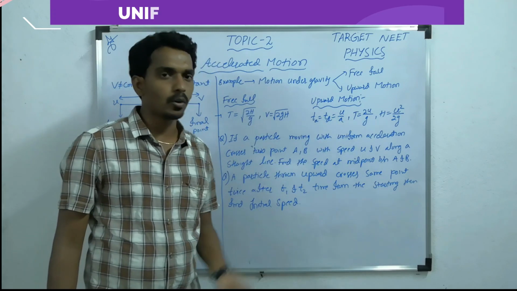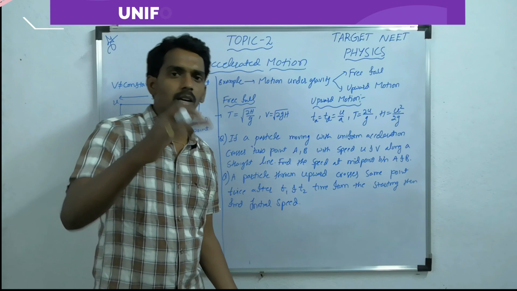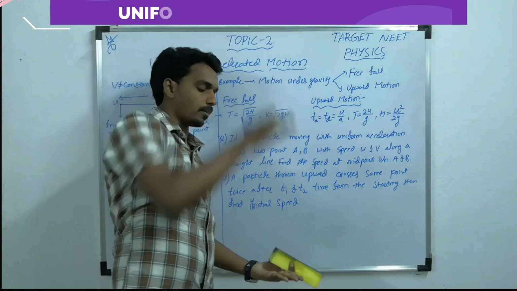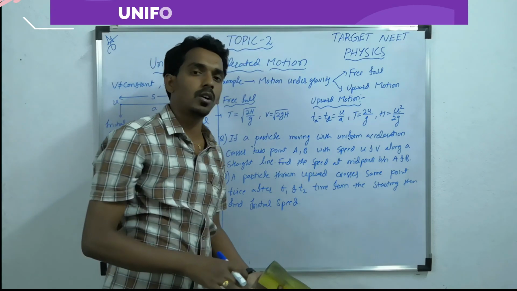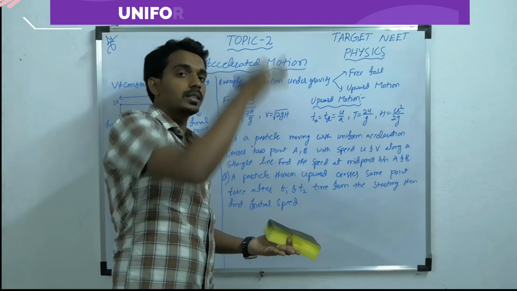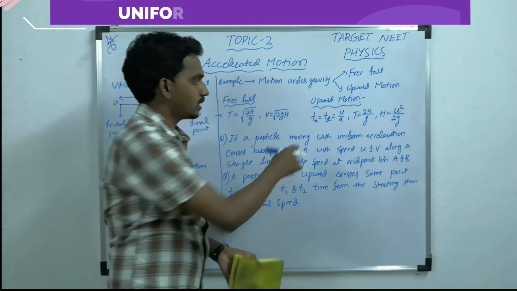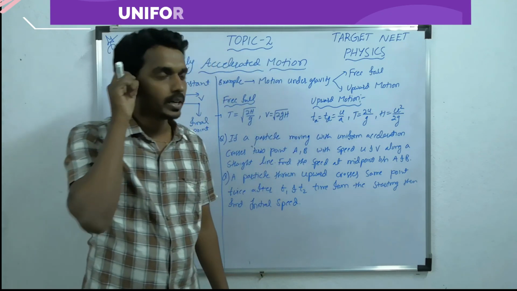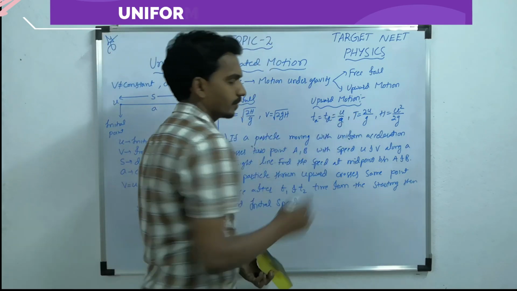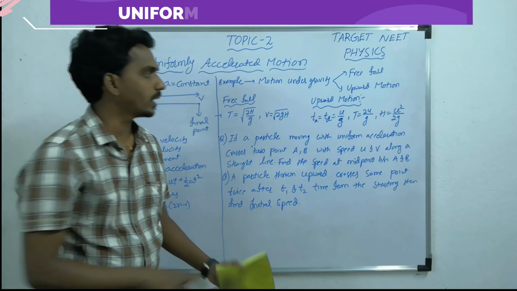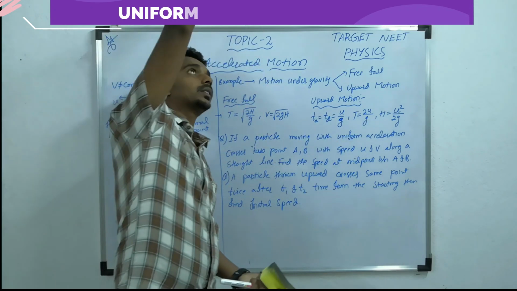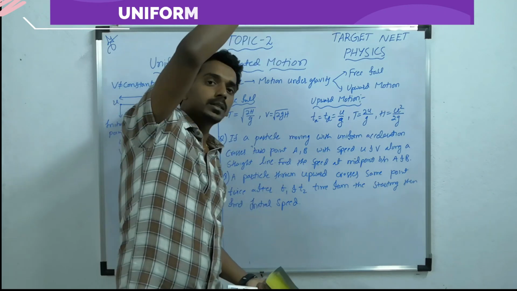You are throwing a body upward. Upward motion means the journey starts from one point and it goes up and comes back. The total journey is called the upward journey, where there is an ascending time and a descending time, and ascending time is always equal to descending time, that is u by g. So the total time of flight will become 2u by g, and before coming to rest it reaches a maximum height.